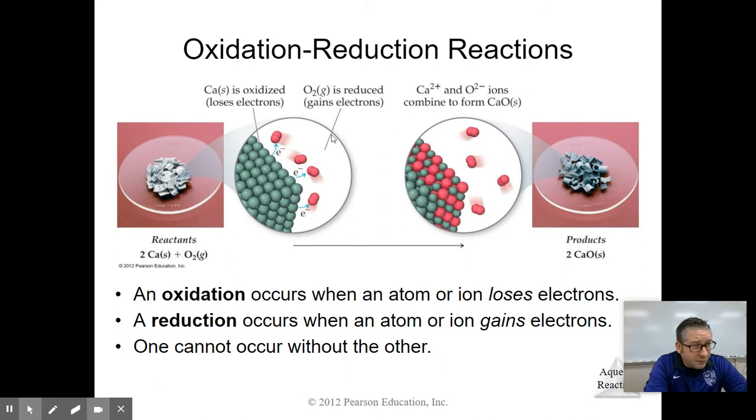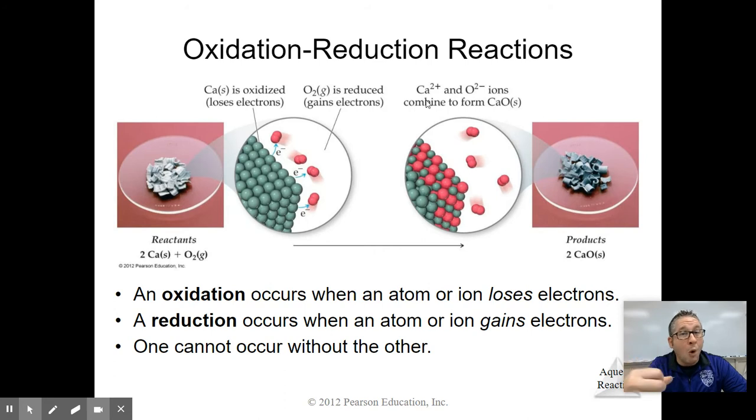Now, when we have redox reactions, we see calcium went from a charge of 0. And when I say charge, I'm meaning charge loosely. We're going to supply what are called oxidation numbers in just a few moments when we start talking about the rules. So calcium is going to go from an oxidation number of 0 to an oxidation number of +2.